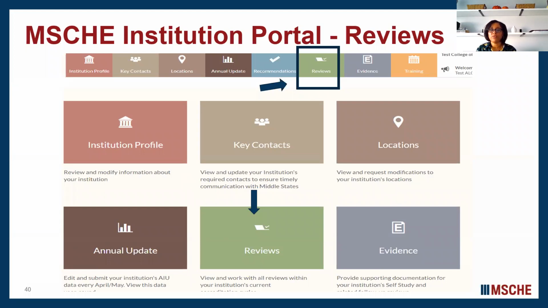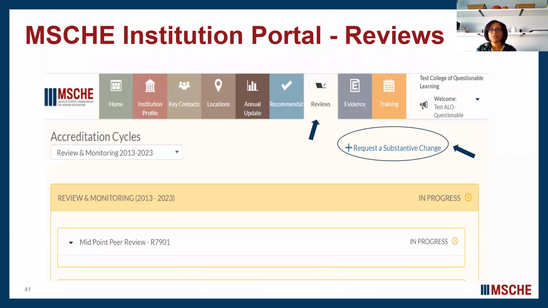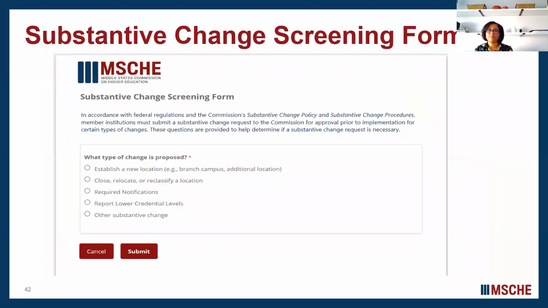Once you click on reviews, this is what you'll see: a list of all your upcoming reviews. At this point, we want to click on request of substantive change, which is at the top corner. When you click that, it will take you to the screening form.